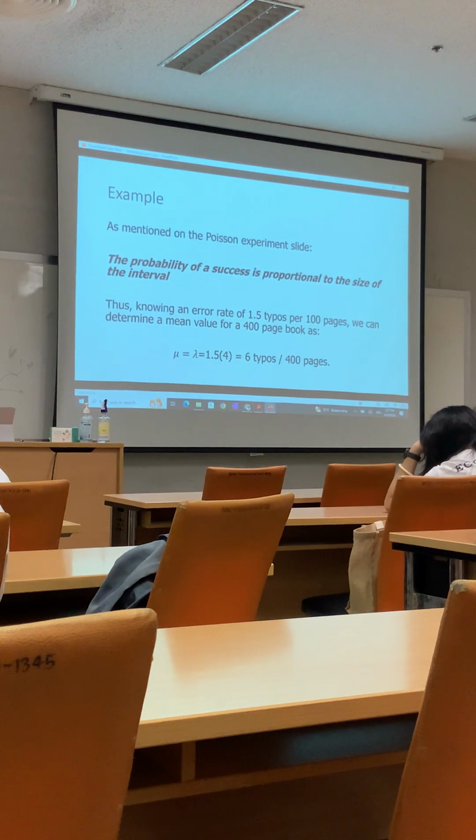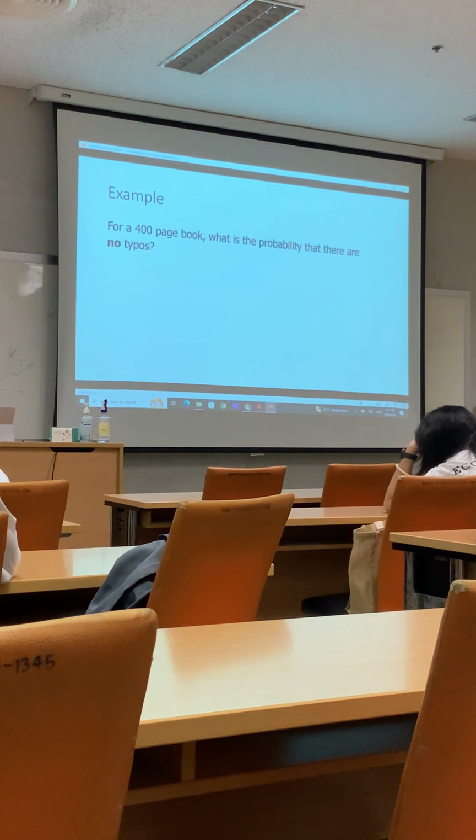Even though they don't say anything about lambda, it says the length increases to 400 pages, so lambda has to increase from 1.5 to 6. And that 6 is what you have to use to calculate. You can see that instead of 1.5, I'm using 6: e to the power of minus 6, times 6 to the power of 0, divided by 0 factorial.